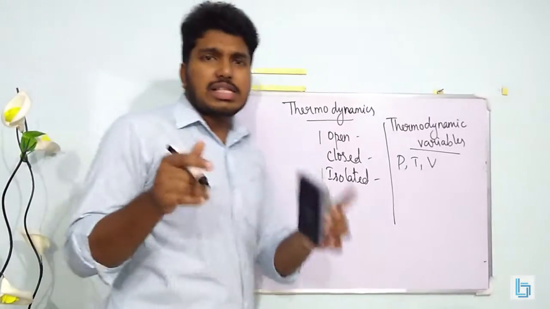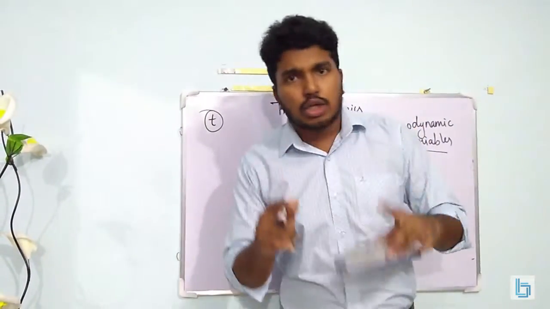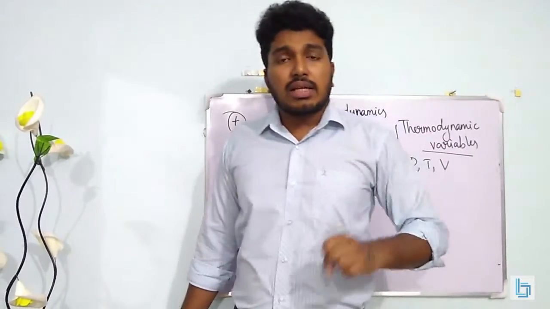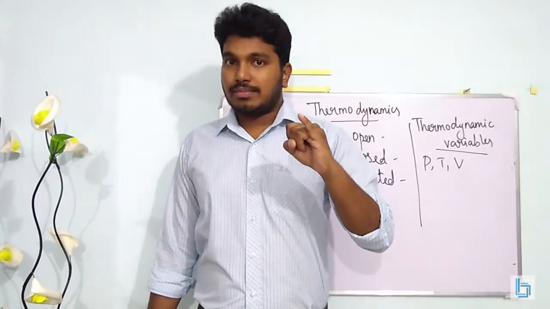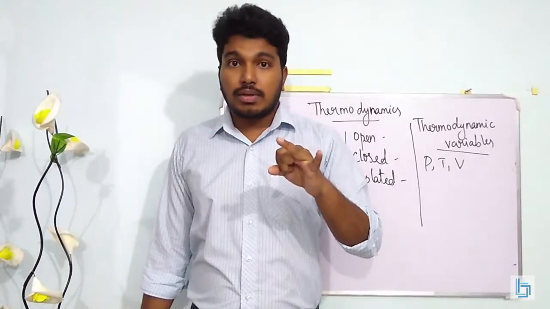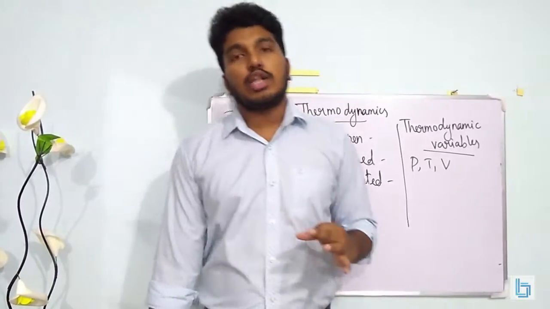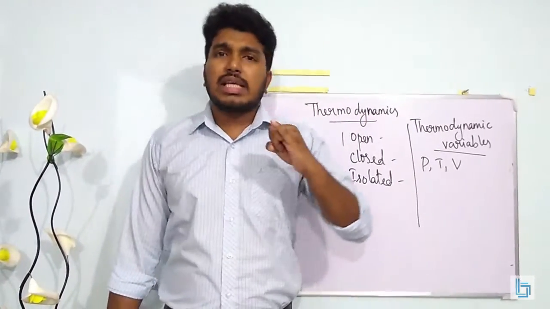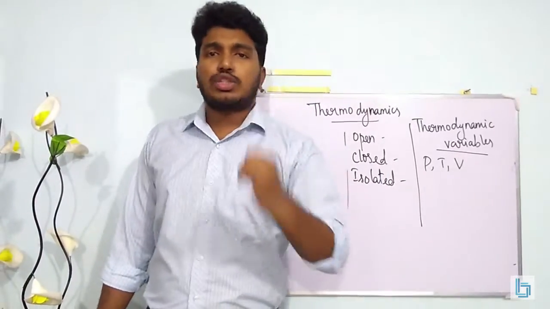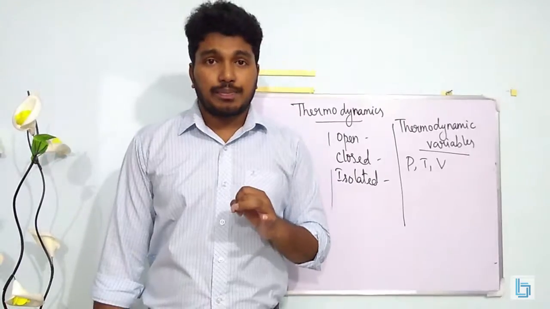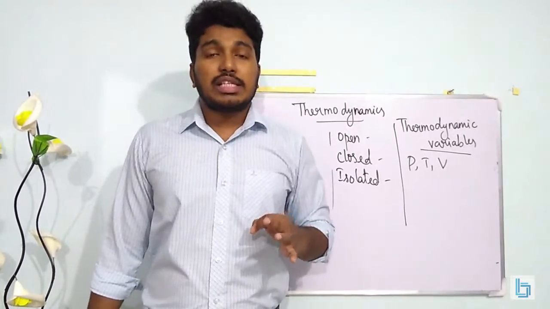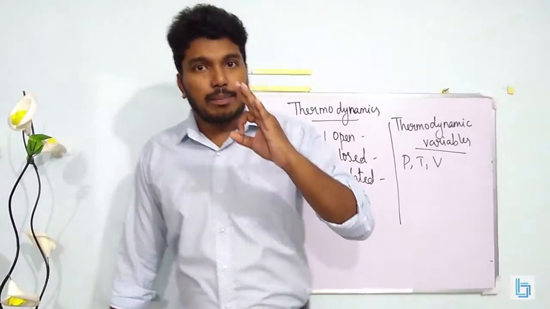To say that a system is in a state of thermodynamic equilibrium, it is necessary that the system has to be in thermal equilibrium, chemical equilibrium, and mechanical equilibrium. Mechanical equilibrium means that the net force acting on it should be zero. Chemical equilibrium means it should have a uniform chemical composition. And thermal equilibrium means it should be maintained at the same temperature.